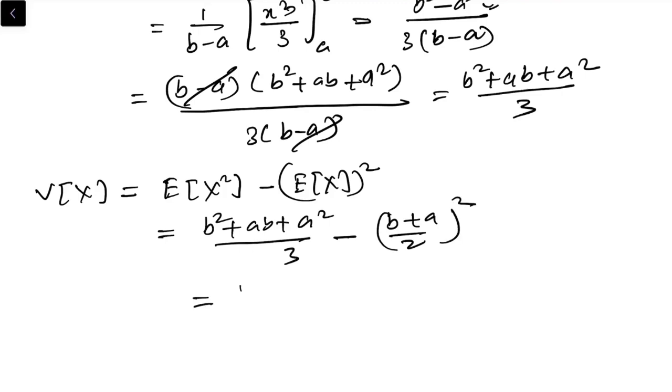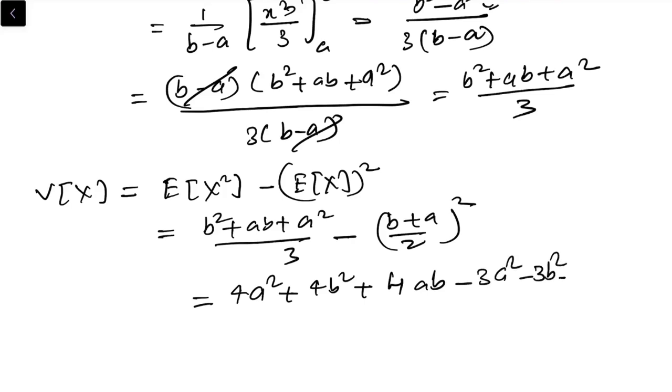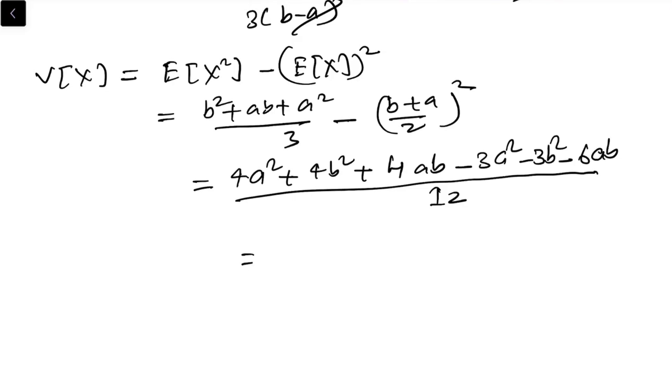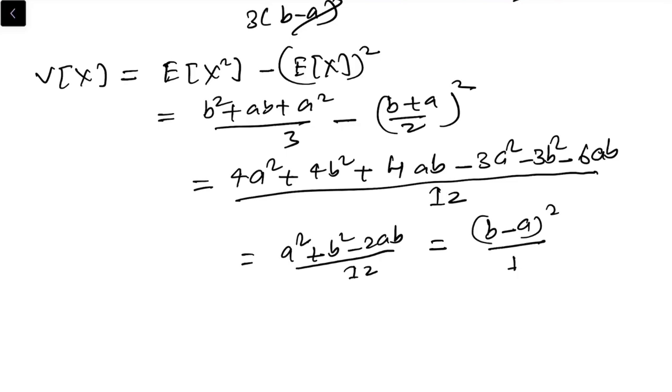Now if we simplify this, we get 4a squared plus 4b squared plus 4ab minus 3a squared minus 3b squared minus 6ab, and the LCM is 12. So this is a squared plus b squared minus 2ab, whole divided by 12, which is b minus a whole squared divided by 12. So the variance of x is b minus a whole squared divided by 12. All right.